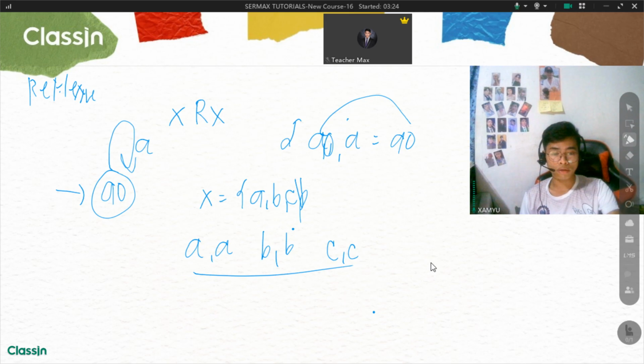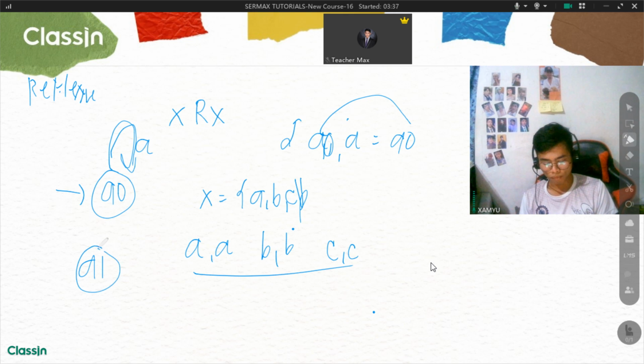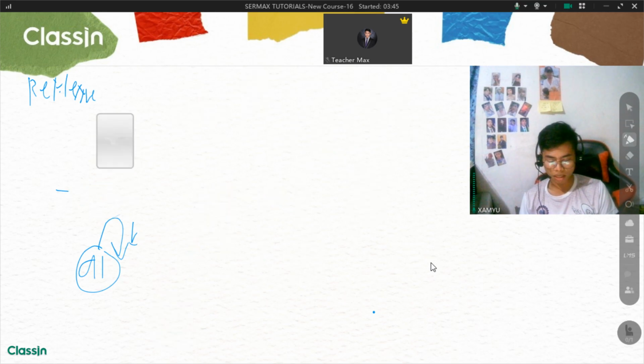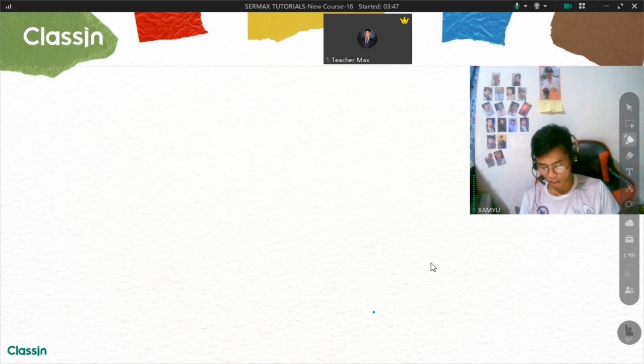That's how we define reflexive. So here, Q0 is reflexive since it is looping to itself. We can also define Q1 with B as reflexive. That's how we define it in automaton. Hopefully that is somewhat clear to everybody.